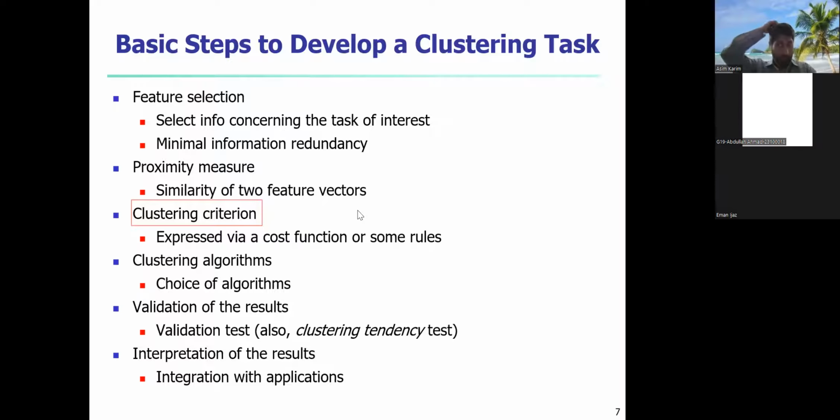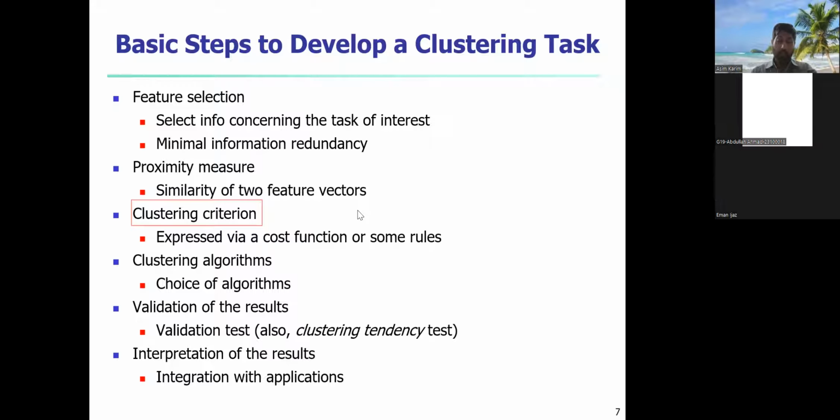The third important thing in clustering is the clustering criterion. Remember when we talked about clustering, we said that it was groupings such that one group was cohesive in the sense that it has objects that were similar within itself, but dissimilar to objects in other groups. So how do you quantify this, or how do you make an objective measure out of this?